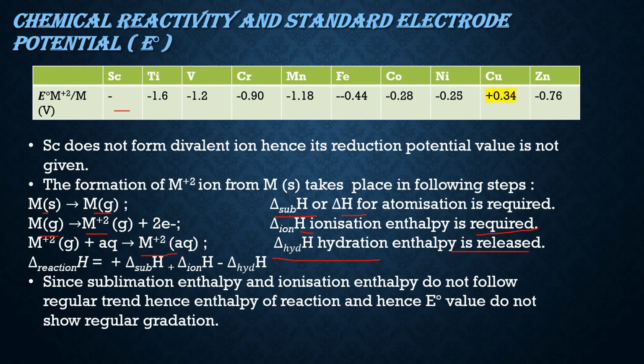So the total enthalpy is enthalpy of sublimation plus enthalpy of ionization minus enthalpy of hydration. Since sublimation enthalpy and ionization enthalpy do not follow any regular trend, the enthalpy of reaction and hence the E naught value do not follow a regular trend. You can see the values are not in a regular series.